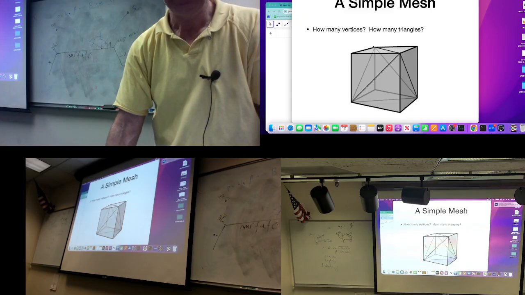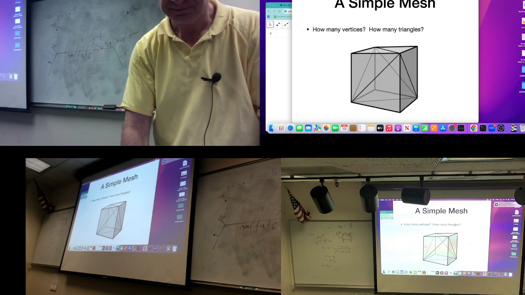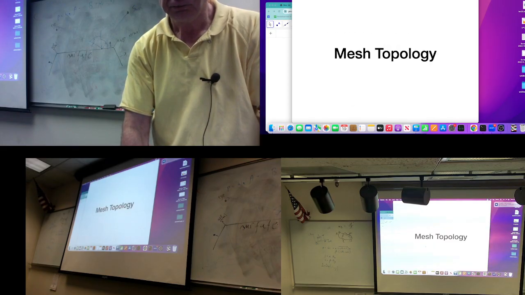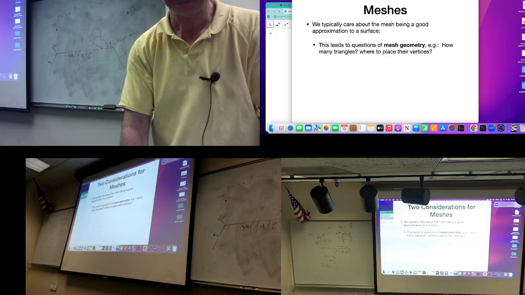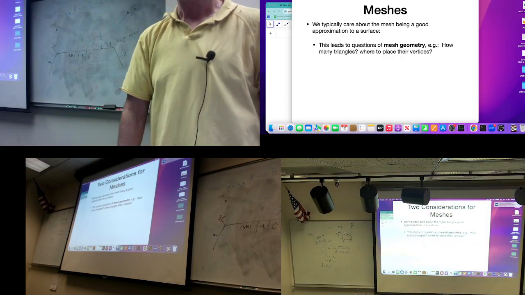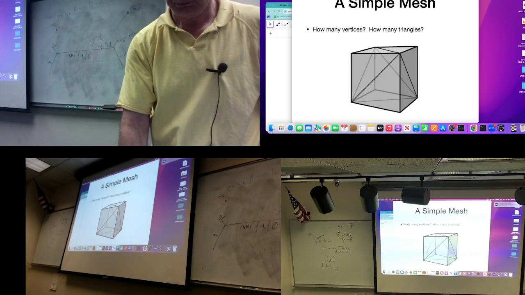So we cared about the vertices of the triangulated mesh. We care about edges of the triangles. Care about the topology and the geometry. Yeah. So we had a slide just now that said how many vertices.